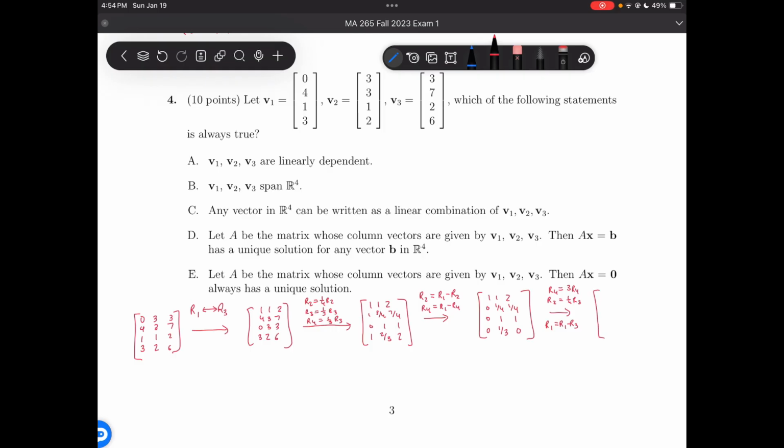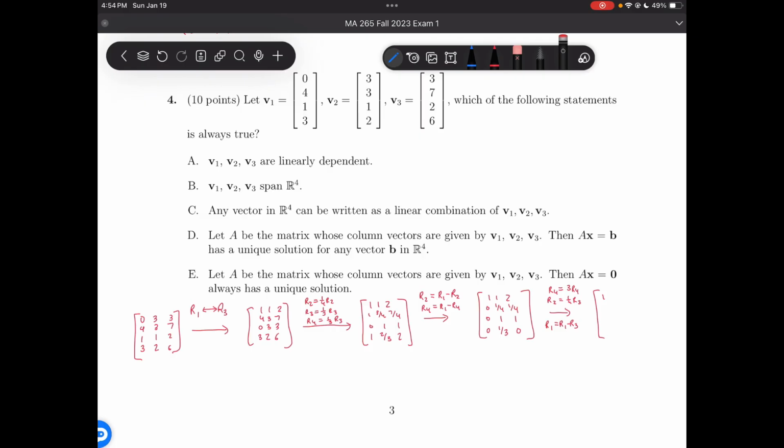So all of these operations will help us reduce this matrix. And you can see I'm already almost there. The first step I did was getting rid of all of the other leading numbers in rows 2, 3, and 4. So I only have a 1 here. For a matrix to be in row reduced echelon form, the leading entry in each row must be a 1.